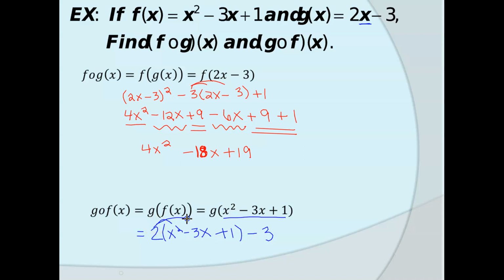We have to distribute our 2. Combine like terms. And we get 2x squared minus 6x minus 1. Now what you'll notice is f of g of x and g of f of x are not the same. That is okay. They usually are not.